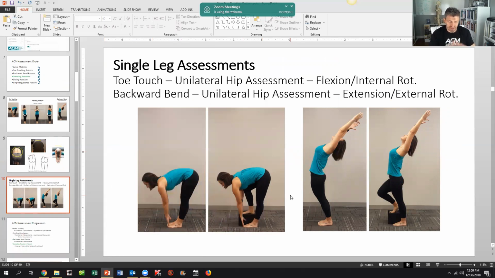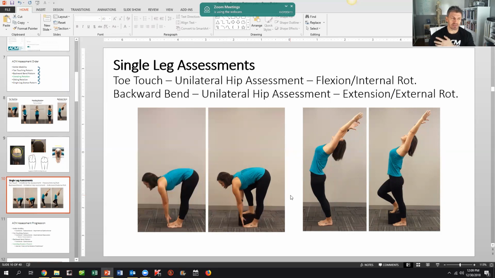And we said the toe touch is synonymous with internal rotation. The backward bend is synonymous with external rotation. So if you're finding an asymmetry in their bilateral movements of toe touch or backward bend, break it out into an asymmetrical movement with the toe touch or backward bend, and it'll give you a better indication.